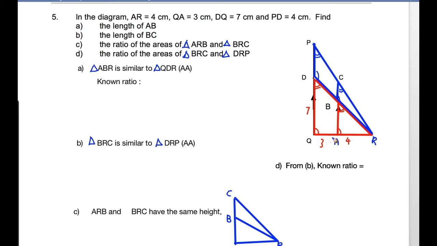This is because of corresponding angles. Next, we need to identify the known ratio, which is from the known sides here. That is AR corresponding to QR, which gives us 4 over 7.